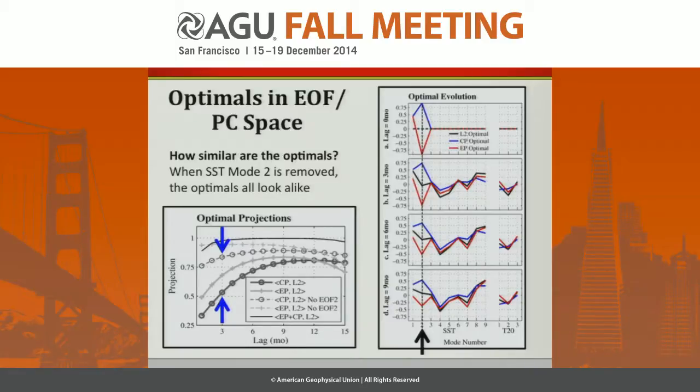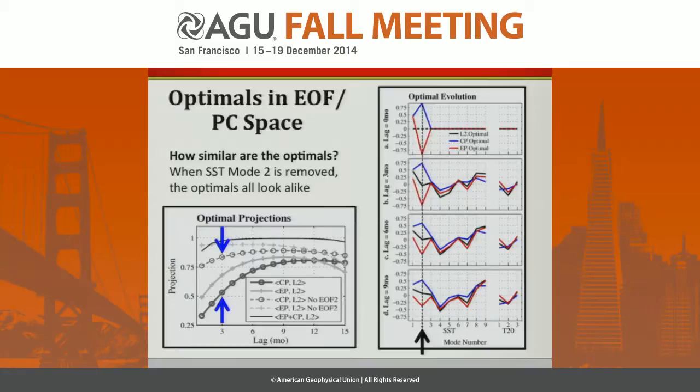For the East Pacific initial conditions, we get about the same, somewhere between about, I guess, maybe 0.7 and 0.8 or so. When we remove the second EOF and recalculate the projections, that jumps quite a bit. And so the dominant difference between our standard optimal structure and the Central Pacific optimal is EOF2.